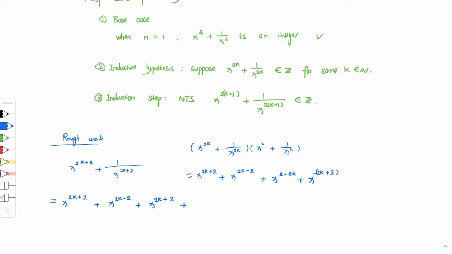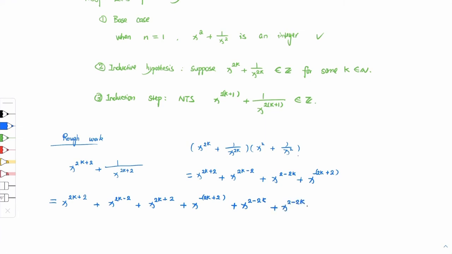So let's add x to the 2k plus 2, plus we have x to the 2k minus 2, so we have this. This is this. Okay, so x to the negative 2k plus 2. And here we have more things. We have this, which is here. We need 2 minus 2k. So let me add x to the 2 minus 2k.